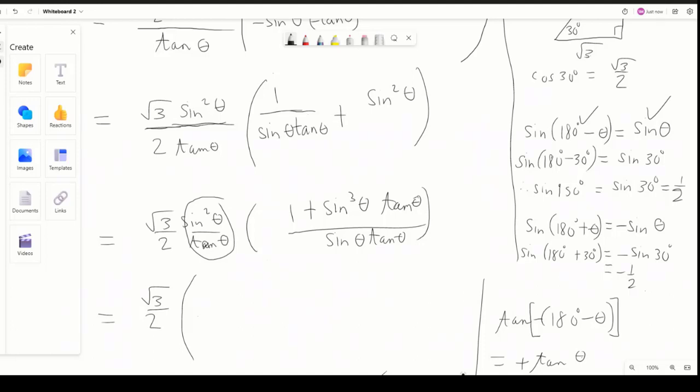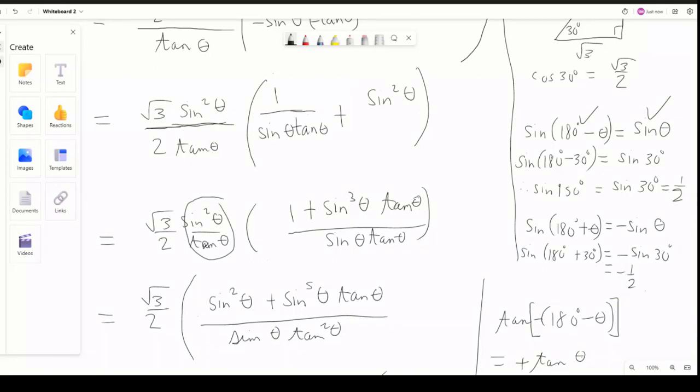So this is what I'm going to do: sine squared theta, and then I'm multiplying it with sine to the 5 theta, tan theta. In the denominator, I multiply sine theta times tan squared theta.